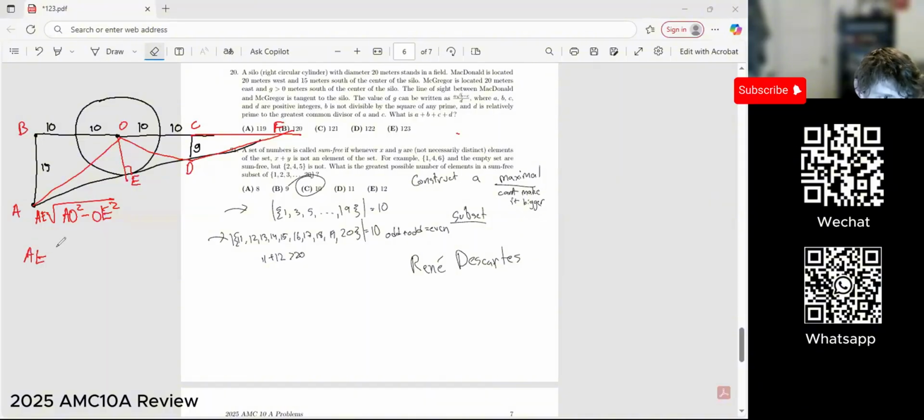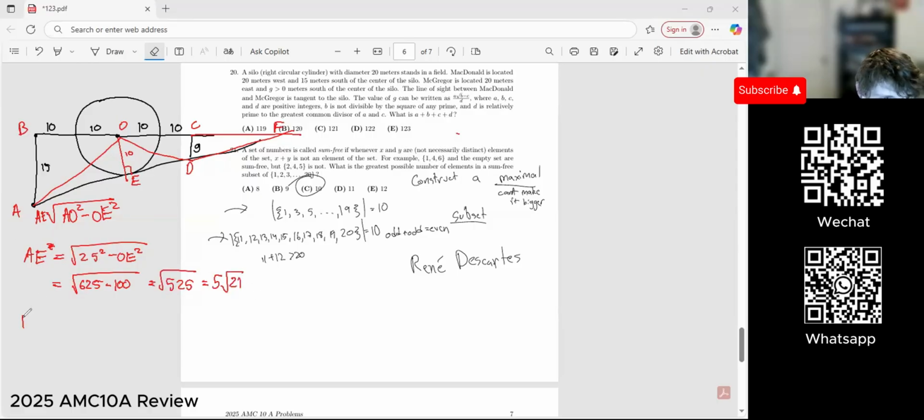So AE is equal to, that's going to be 15 squared plus 20 squared, that's 25 squared, minus OE squared. Okay, but OE is actually 10. So this is 625 minus 100, which is equal to the square root of 525, which is equal to 5 root 21.